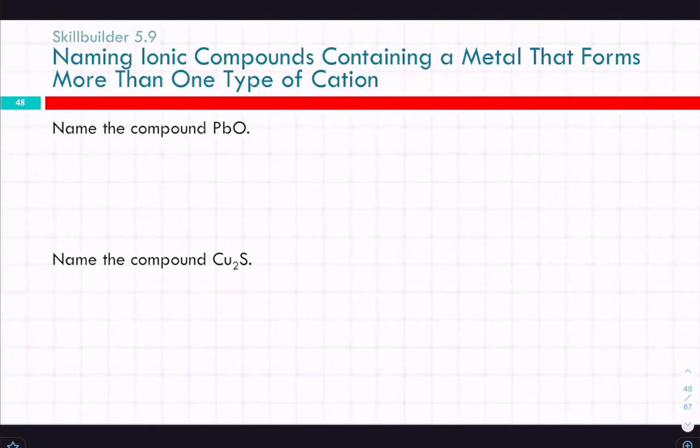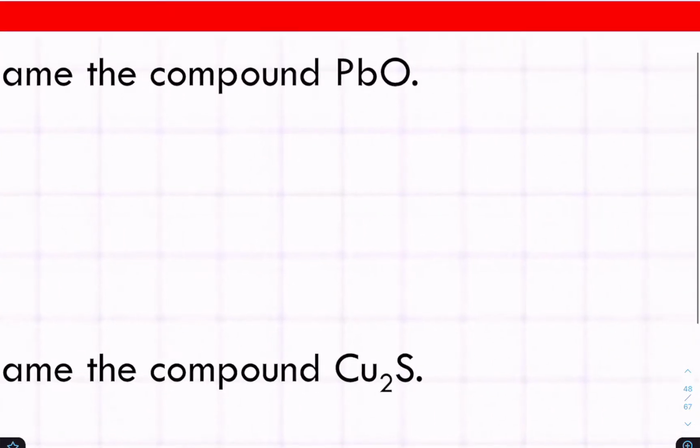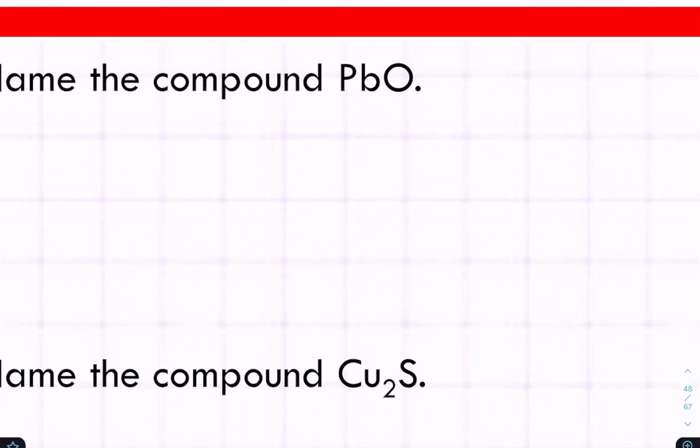More examples, of course. Okay, so if we're naming the compound PbO, first, what kind of compound is this? Ionic, molecular, or is it an acid?